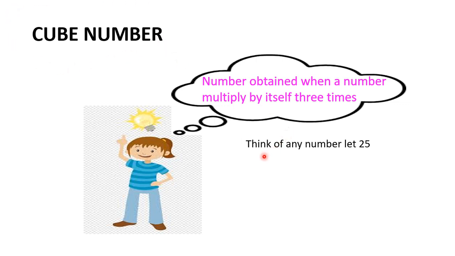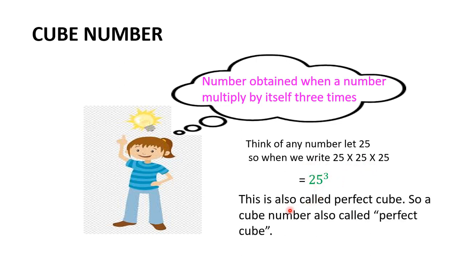So let us think about any number. If you are thinking of 25, let us take 25 into 25 into 25. So it will become 25 cube. Whatever answer we get as the product of 25 three times, only when we have that many cubes are we able to form a cube.